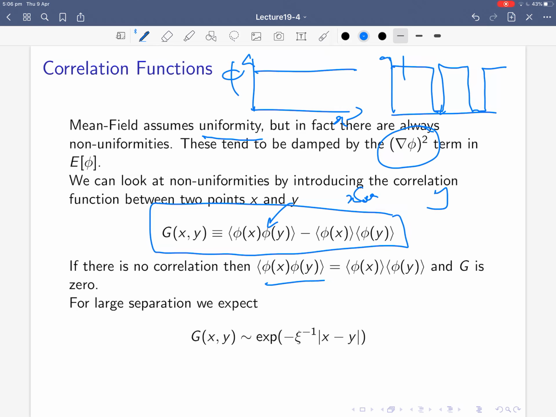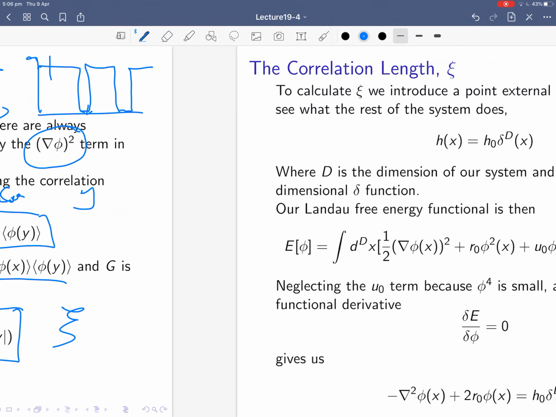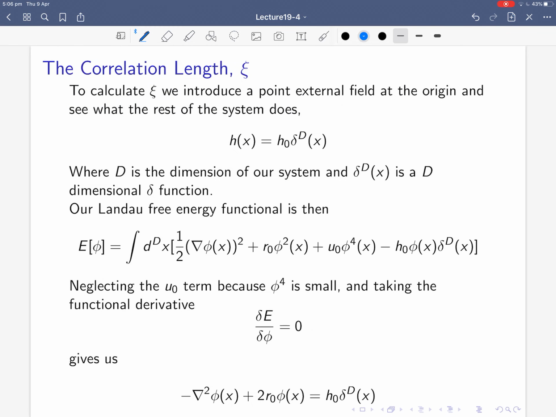If there's no correlation between these things, there are no correlations in the system, then that's equal to that, and g turns out to be 0. Now, for reasons which we're not going to go into, for large separations, we expect the correlation function to die exponentially with the distance between the 2 points, and with some kind of length, the correlation length.